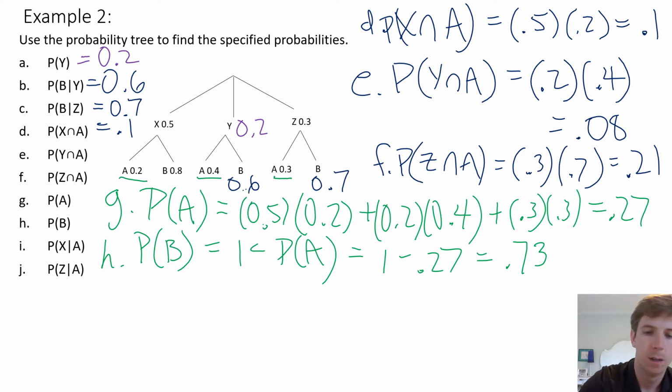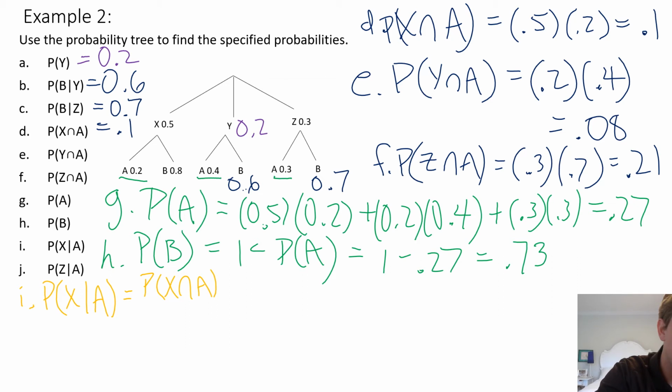All right, so I apologize, this slide is getting quite crowded here. These final two, let's get to some conditional probability work. So part I, the probability of X given A. Okay, so we're going to use our conditional probability formula, the probability of X and A divided by the probability of A. All right, well, it's fantastic that we've already done most of the work here.